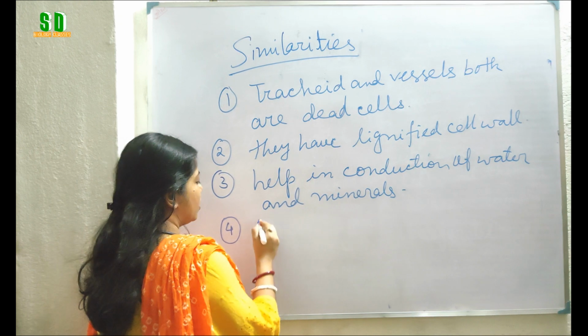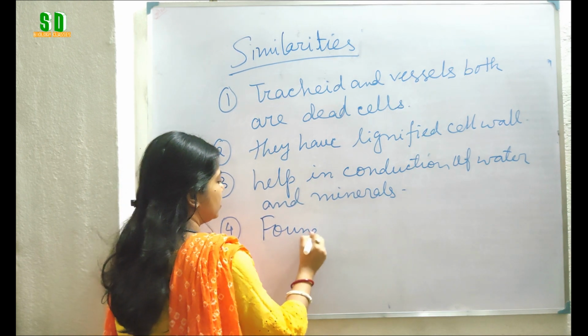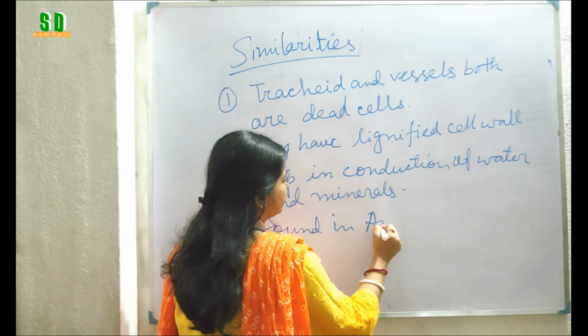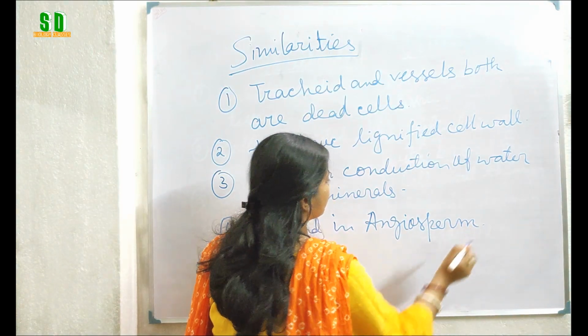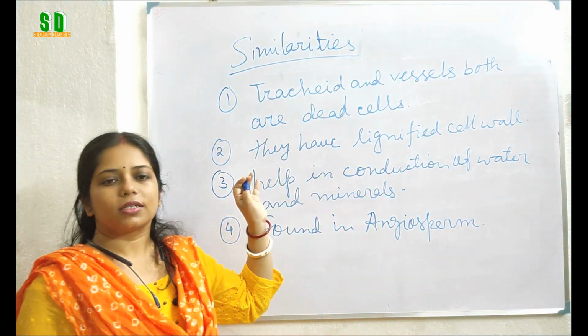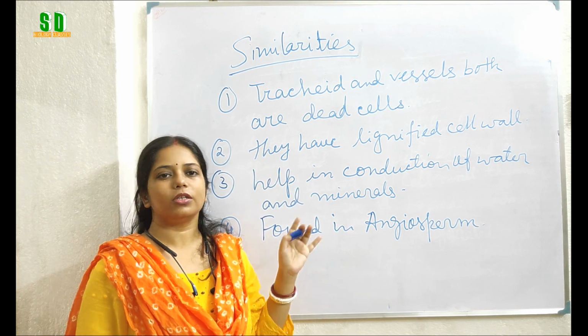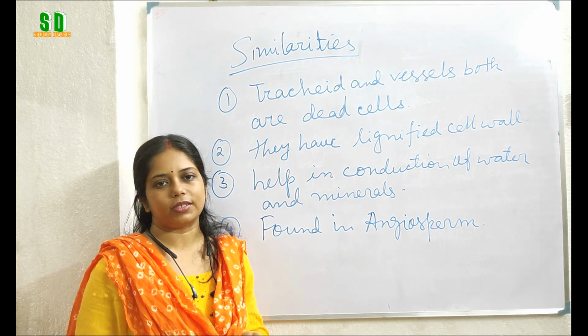And both of them are found in angiosperm. So these are the basic similarities between trachea and vessels.